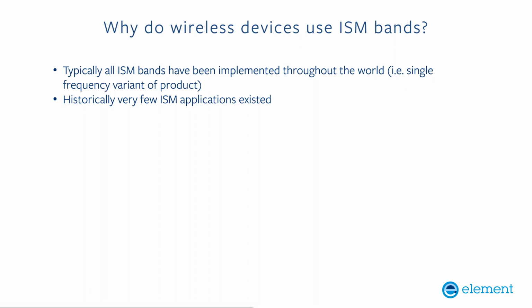But if there are very few actual ISM applications, and those are maybe in industrial type scenarios, then the probability of interference for communications is very low. And that, combined with standardizing and having just one SKU for a worldwide market, makes it particularly attractive.